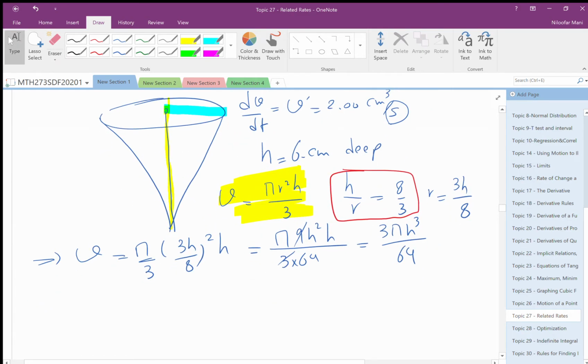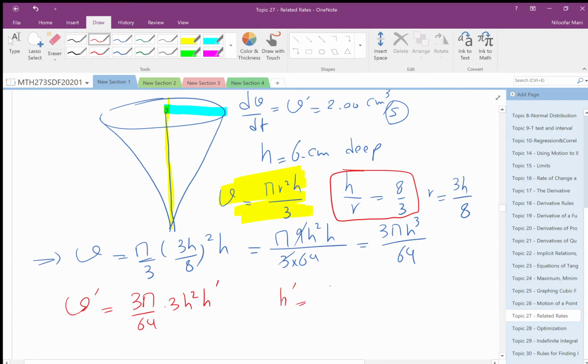So now what is V prime? Okay, V prime is 3 pi over 64, 3H squared H prime. And you want to find H prime, right?